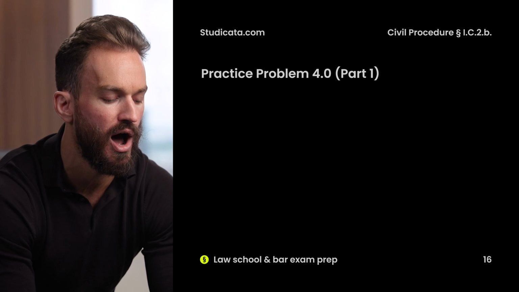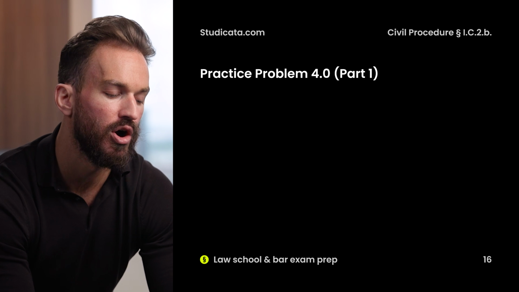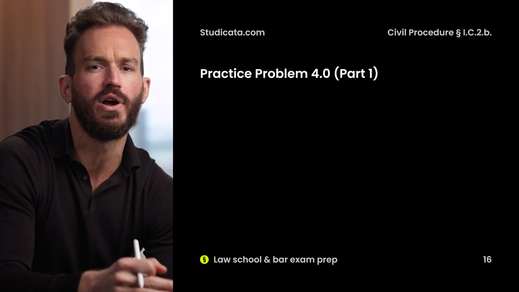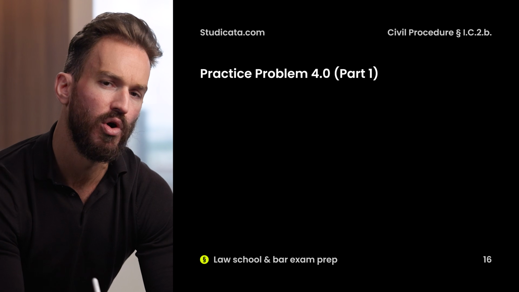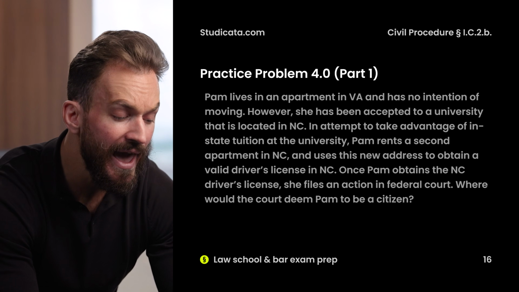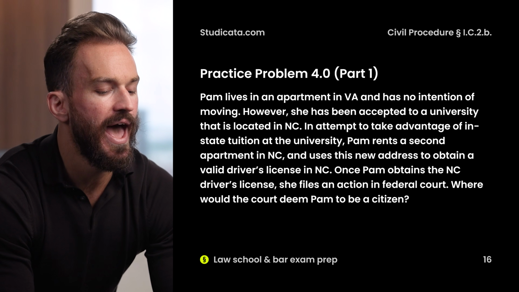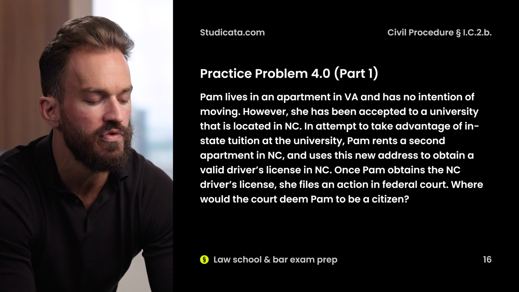Let's go to practice problem 4.0, part 1. This practice problem, we're actually going to continue in multiple steps, but let's just look at the first part here. Pam lives in an apartment in Virginia and has no intention of moving.